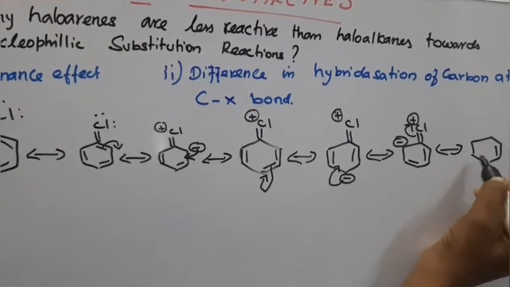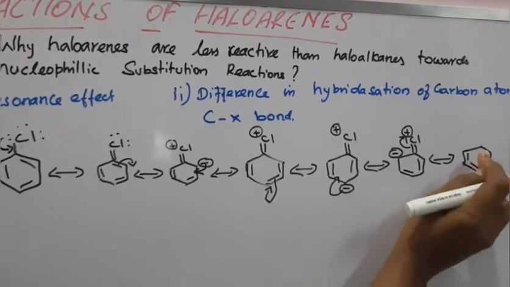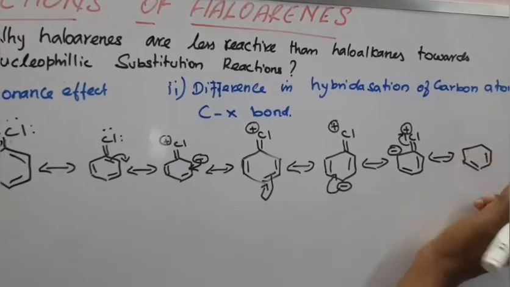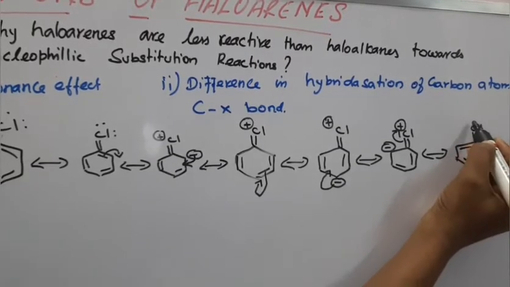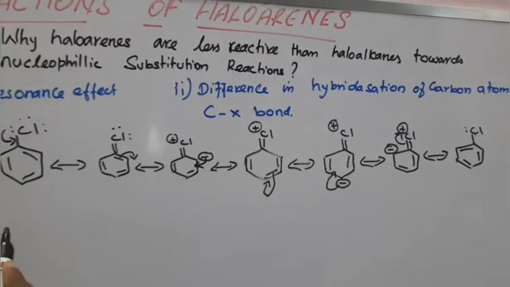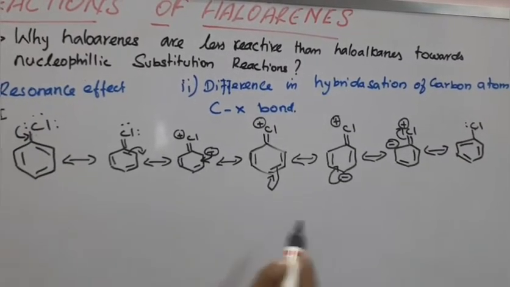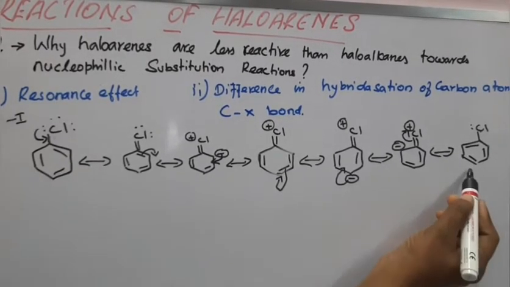Here, this electron gets back. So you see, this is a resonating structure, this is the real structure, and this is a canonical structure.